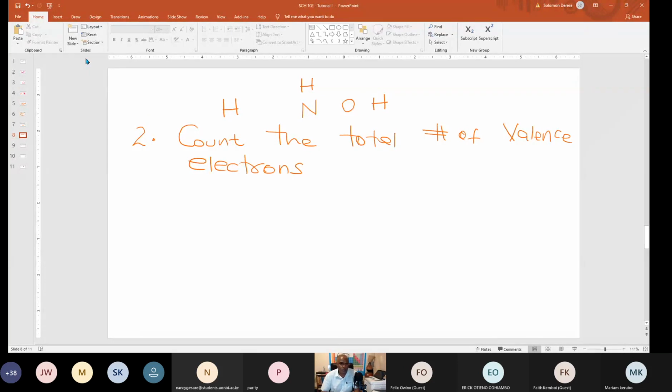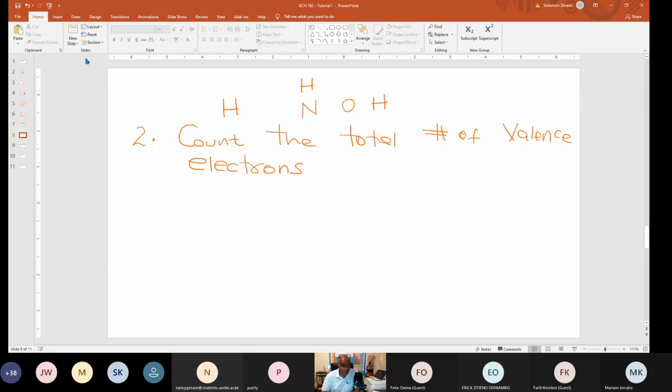If it is in group 1, it's got 1 electron. If it's group 2, 2 electrons in its valence shell. If it is a group 4 element like carbon, 4 electrons. If it's a group 5 element like nitrogen, it's got 5 electrons. If it's a group 6 element like oxygen, it's got 6 electrons. If it's a group 7 element like the halogens, it's got 7 electrons. So from the position in the periodic table, you can determine what the valence electrons are.